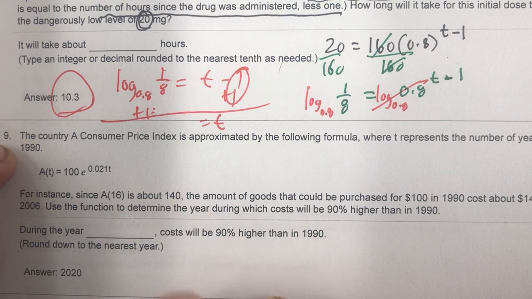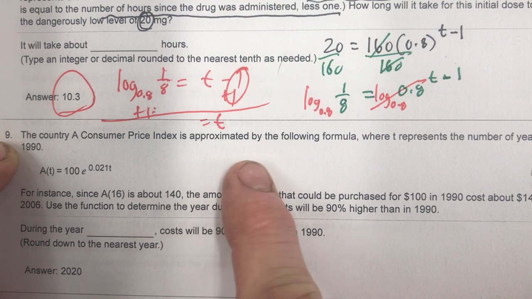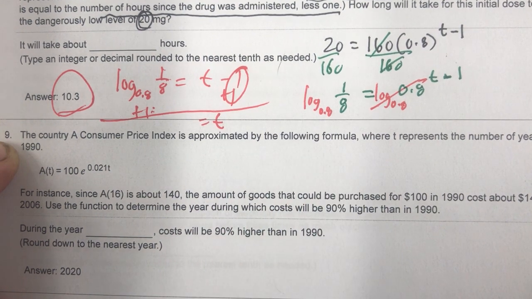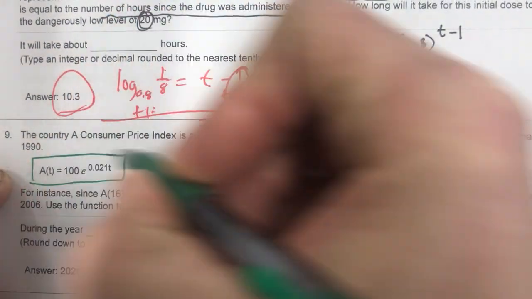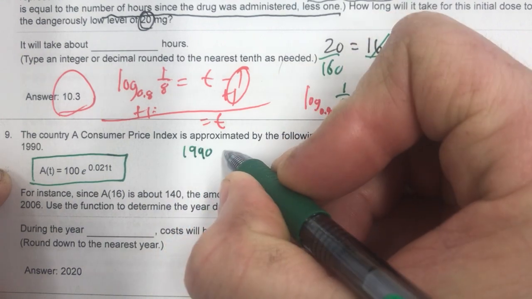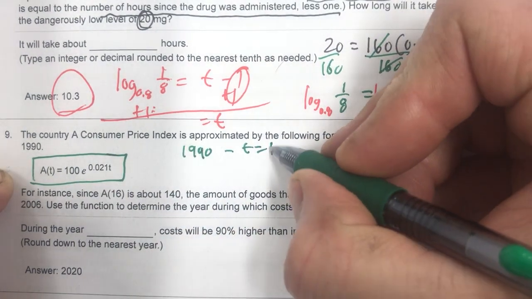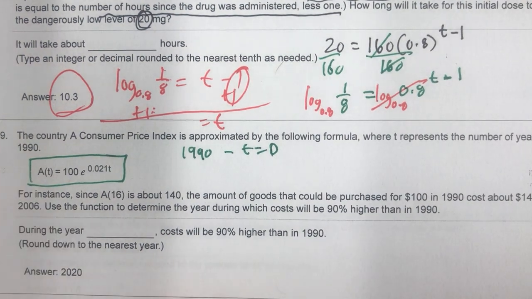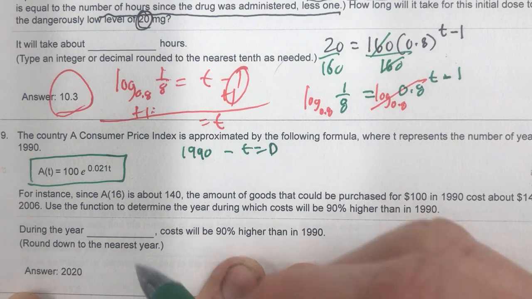All right. The country A consumer price index is approximated by the following formula, where T represents the number of years after 1990. So here's my formula right here. And again, 1990, T equals 0.